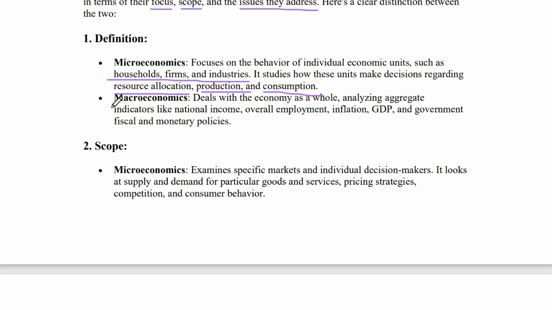Whereas macroeconomics, if you have to give the definition, what is macroeconomics? Macroeconomics focuses on the economy as a whole. We'll use the same words as above.